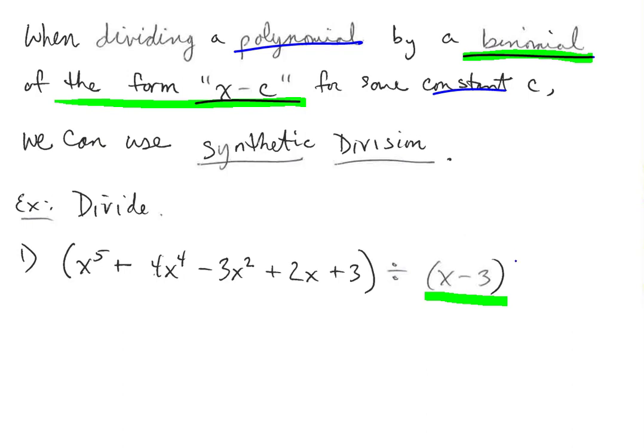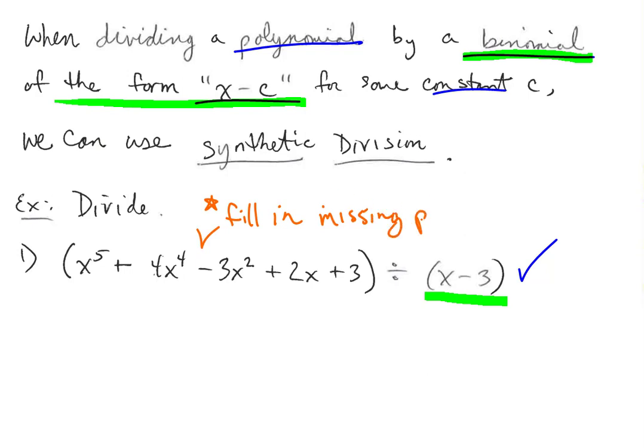So let's acknowledge that it does fit, but let's also remember that when we did long division, we discussed the need to put every power of x in descending order. Notice that this dividend of x to the fifth plus 4x to the fourth minus 3x squared seems to skip over.